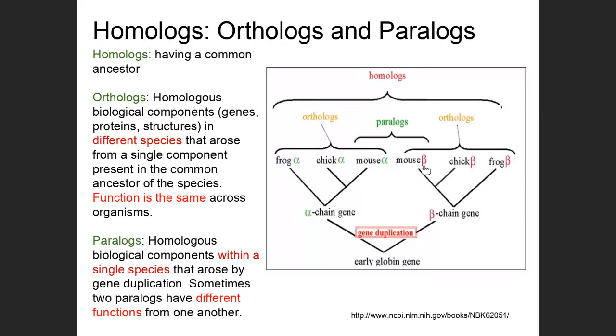It could be a gene that is expressed at one developmental phase of the organism, and the other one is expressed at another developmental phase. They may have similar roles but not be expressed at the same time in development, or even their function could have diverged.